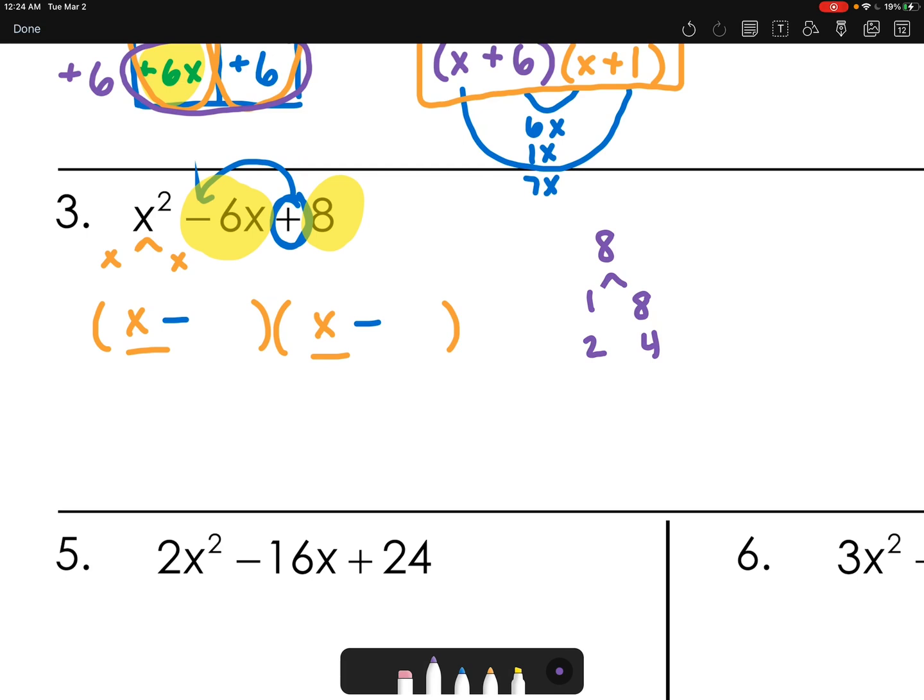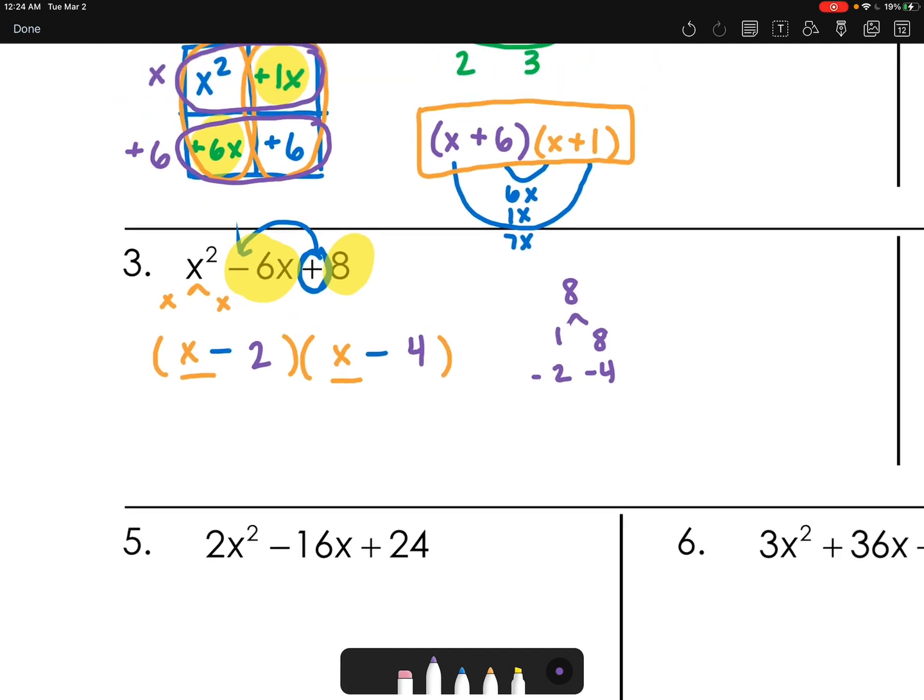And so my signs need to match, so which numbers would add together to give me 6? Well, it would be negative 2 and negative 4. And so here I would put 2 and 4, and you're done. You don't have to worry about an area model. So your answer here would be x minus 2, x minus 4.